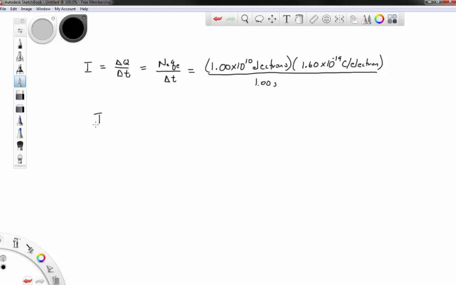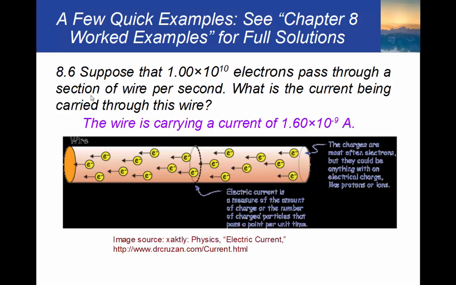So the current is going to be 1.60 times, we have 10 to the plus 10, we have 10 to the minus 19, so that would be 10 to the minus 9, and then the units are amps. So that is what the current in this wire is going to be.